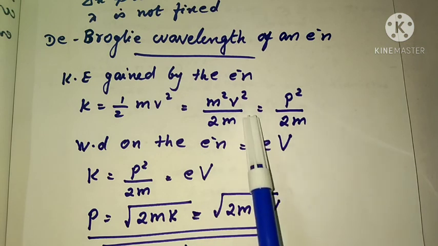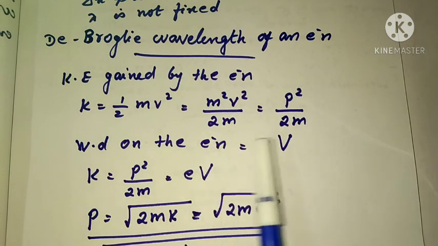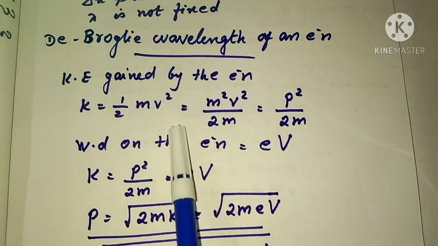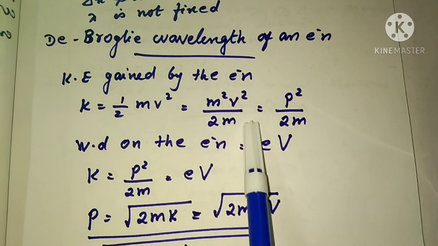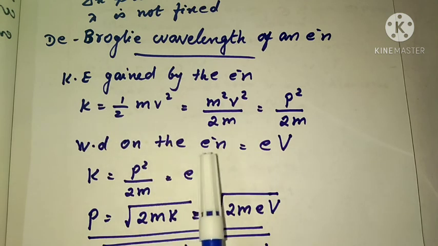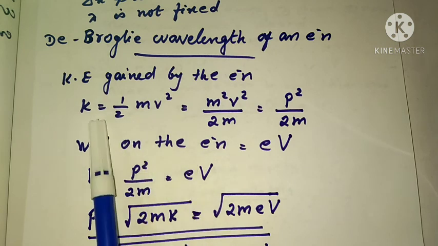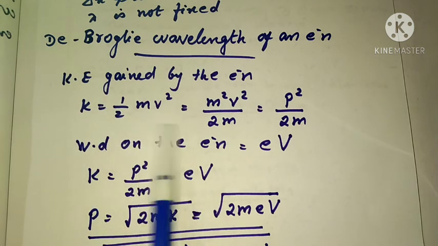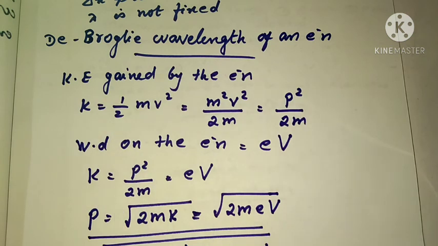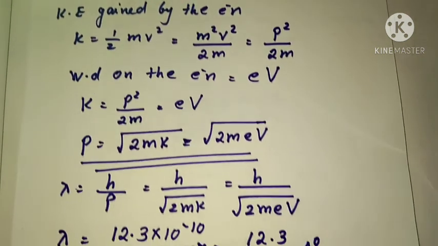Okay. So once again, how will you calculate the de Broglie wavelength of an electron? You consider that the electron is accelerated through a potential difference of V volt. So it gained a kinetic energy. That kinetic energy is equal to the work done on the electron. Then kinetic energy, you know, is half m v square. Then write the kinetic energy in terms of momentum and the equation for the work done.